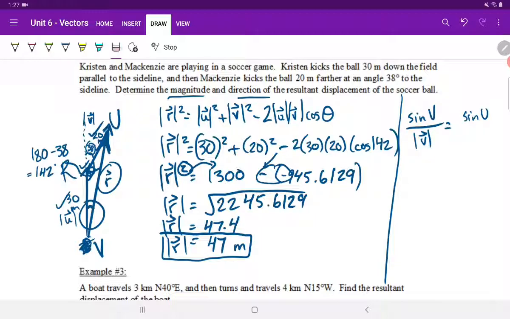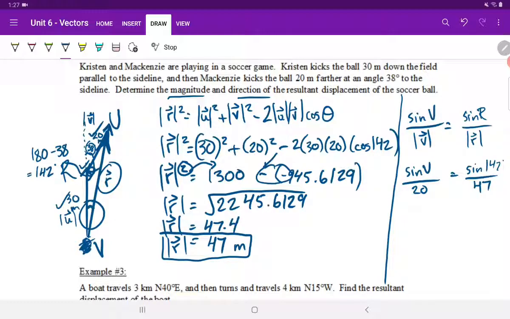The sine of capital R, because now we know what angle R is as well as the vector R. So sine V over the vector of 20 is equal to sine of 142 over the vector of 47.